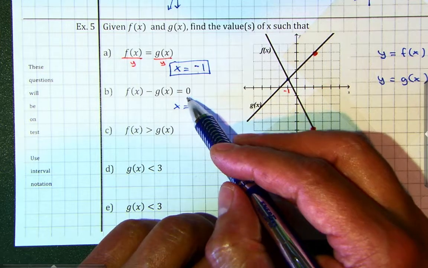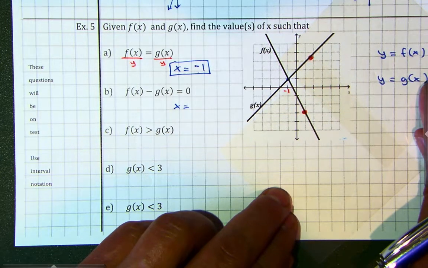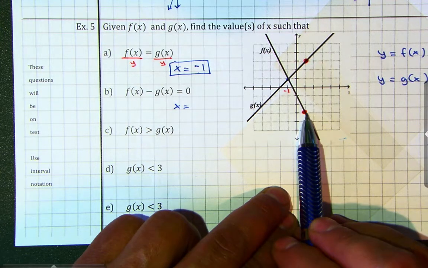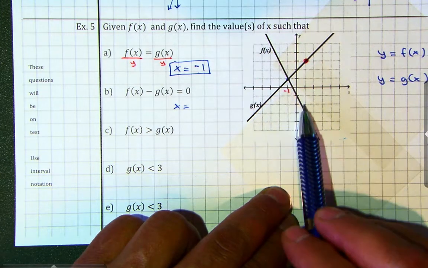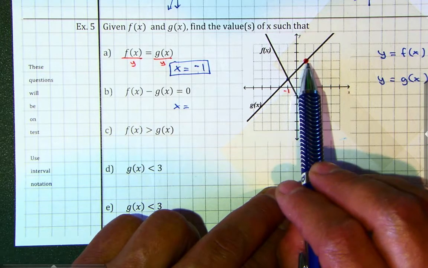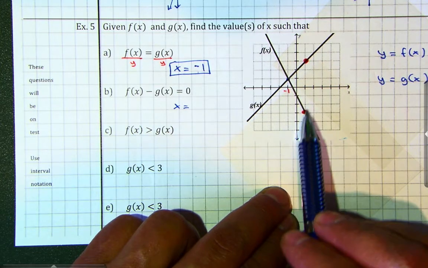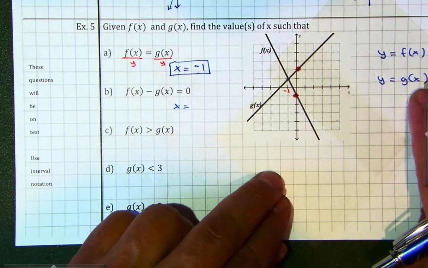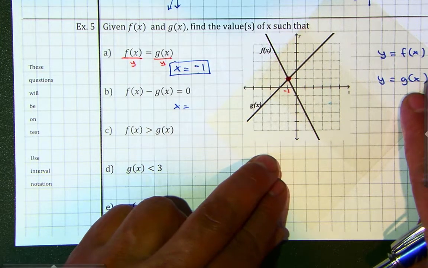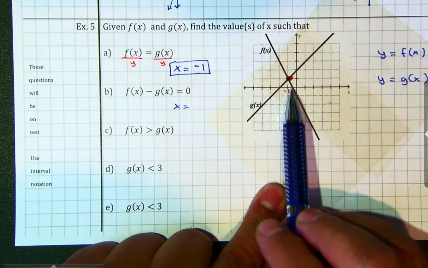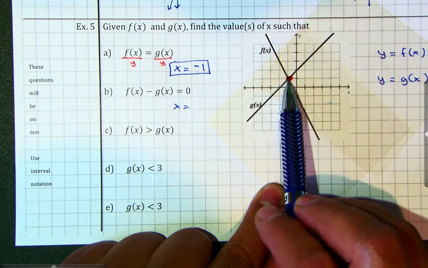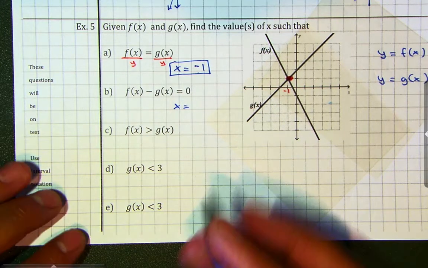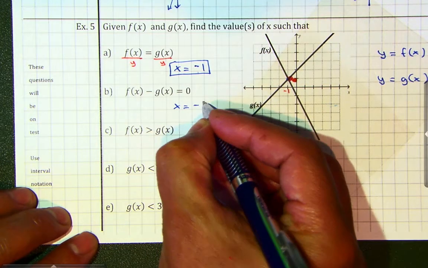I need it to be 0. The y value for f of x is -3, and the y value is +3. So -3 minus 3 is -6. So therefore, they are not going to cancel each other until they are here. The y value is 1, and the y value is also 1. 1 minus 1 is 0. So therefore, this is also when x equals -1.